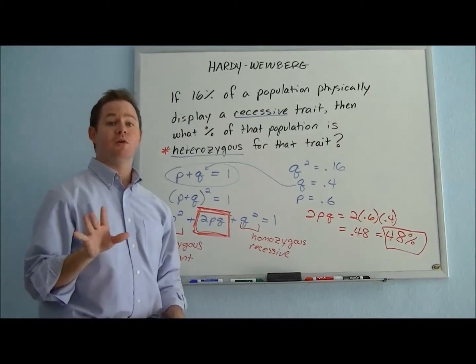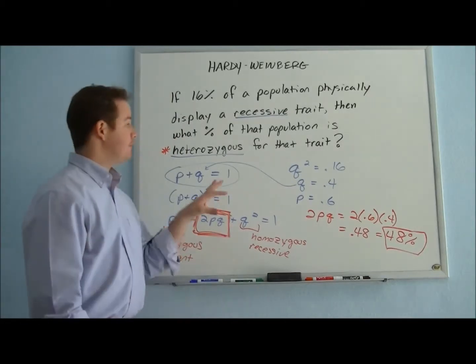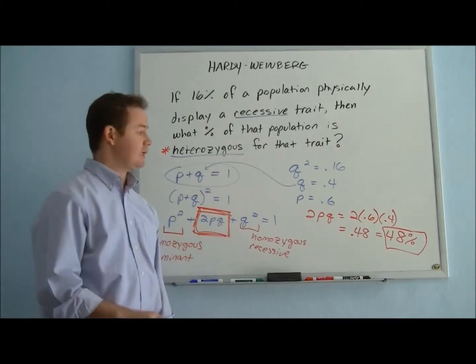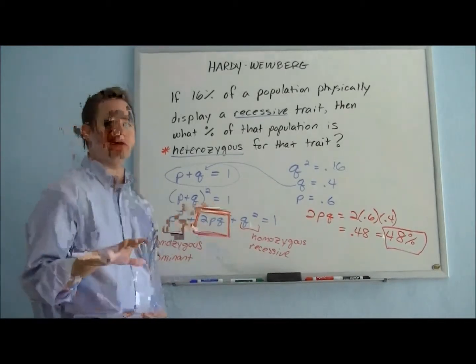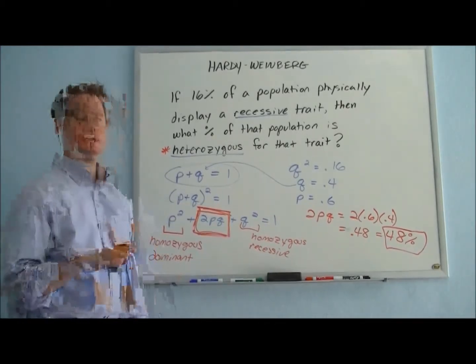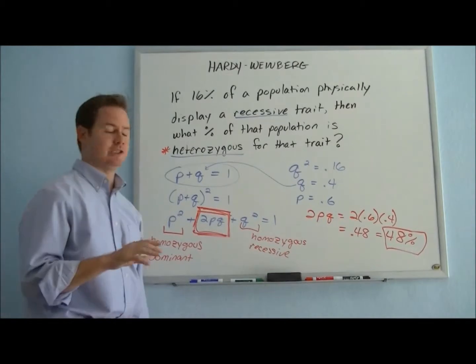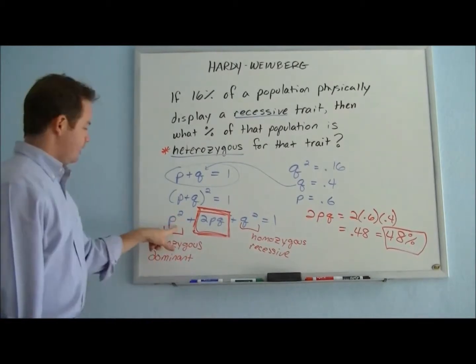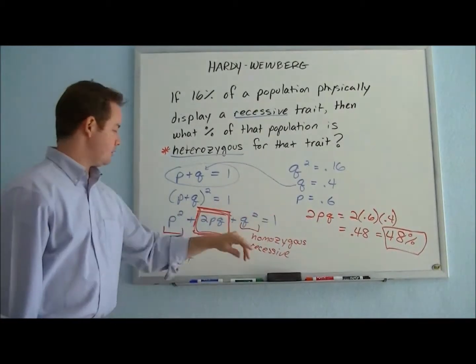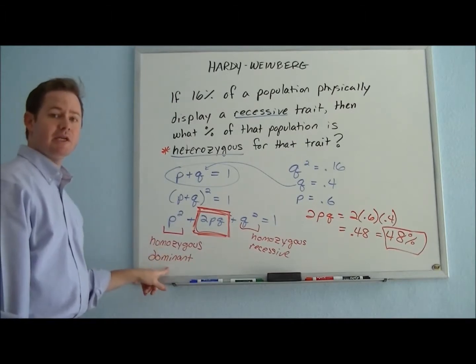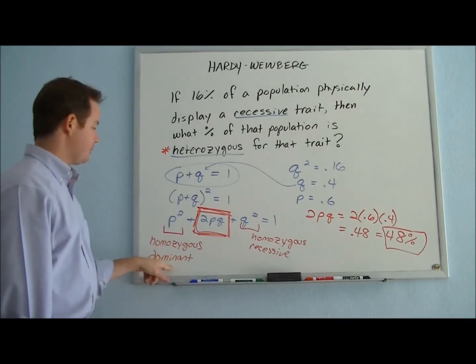I'll cover a few more examples of very similar problems in some of our other videos just to make sure we get a handle on the math, because I know the math here is complex. But the most important thing to understand about Hardy-Weinberg equations is that the P squared portion of this equation represents your homozygous dominant percent of population.